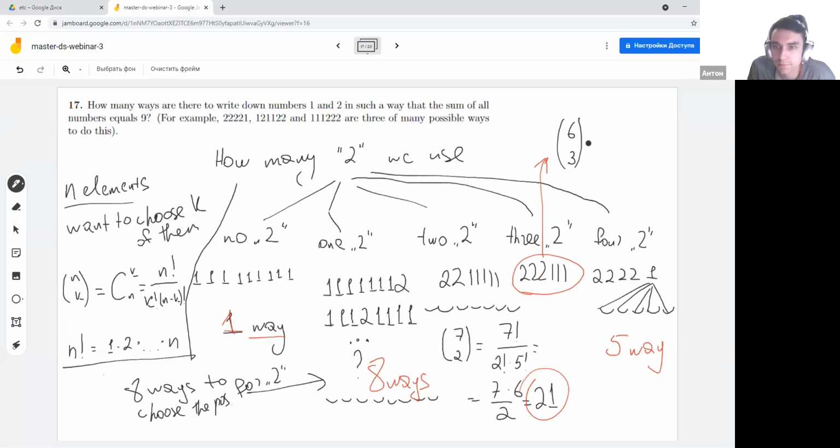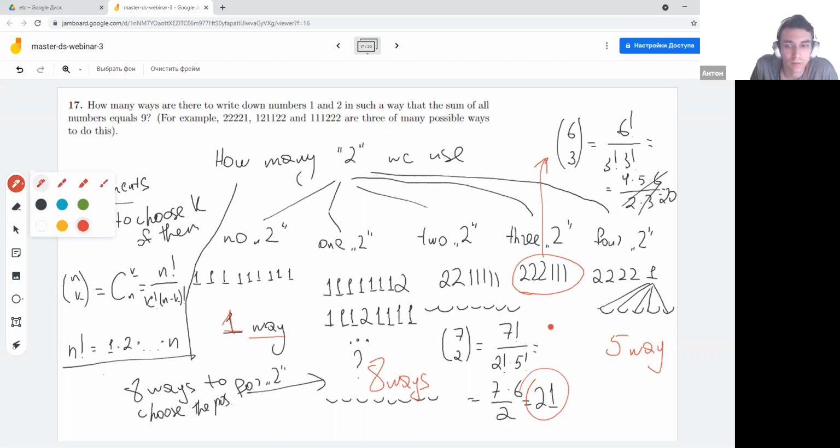It doesn't matter. It is 6 factorial over 3 factorial times 3 factorial, which is 4 times 5 times 6 over 2 times 3, and I can cross them out. So this is 20. Here we have 20 ways. Here we have 21 ways.